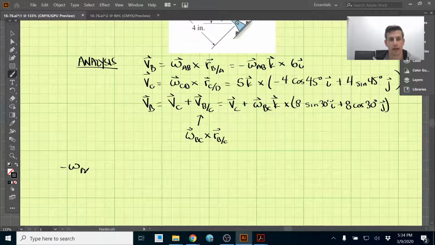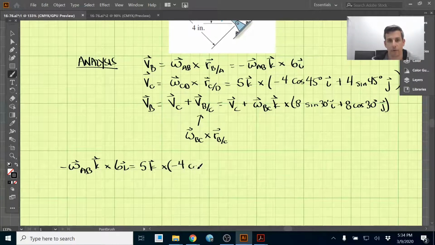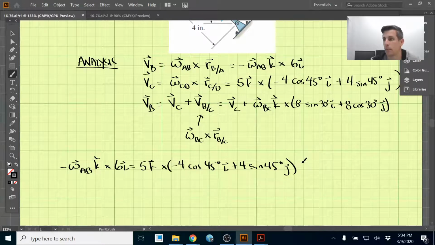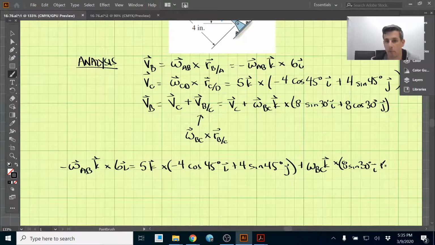So writing this all out, we have negative omega AB in the k direction cross 6i is equal to 5k cross negative 4 cosine 45 degrees i plus 4 sine 45 degrees j plus omega BC k cross 8 sine 30 degrees i plus 8 cosine 30 degrees j.